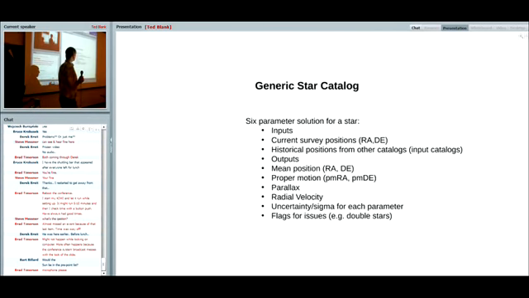In general, with a star catalog, as Dave Harold alluded to earlier, you're looking for what they call a 6-parameter solution. You start out using some sort of survey.